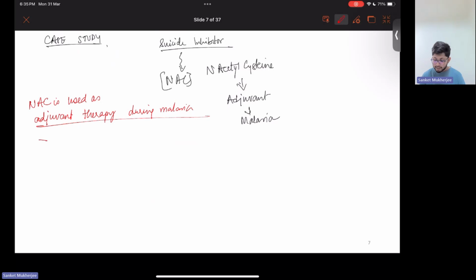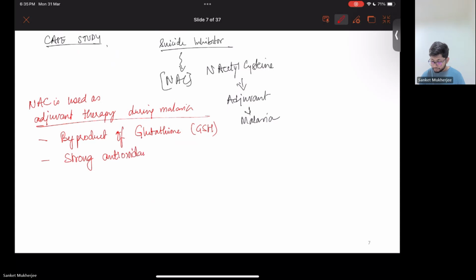First of all, NAC is a byproduct of glutathione, GSH. It's a strong antioxidant. It protects cells from oxidative stress because it's an antioxidant.